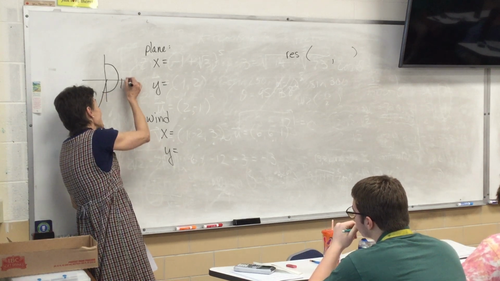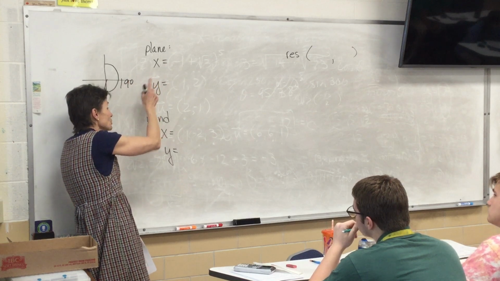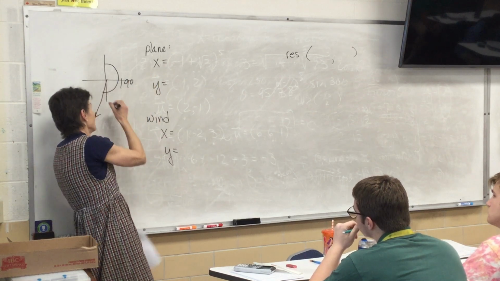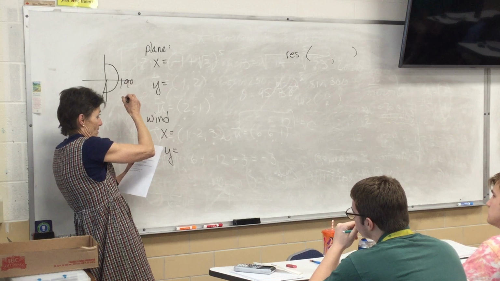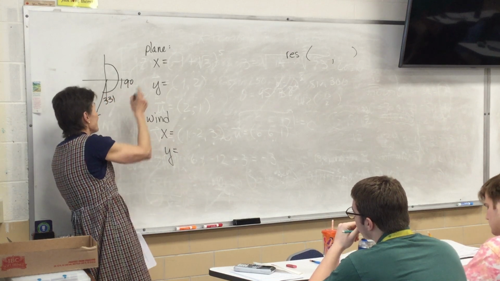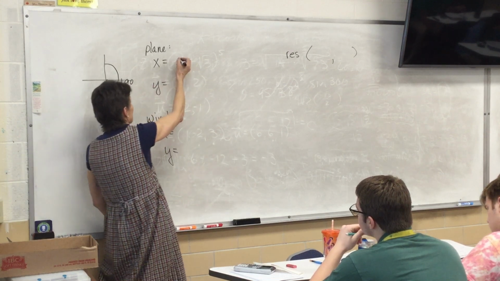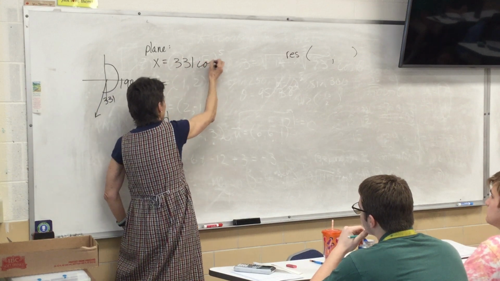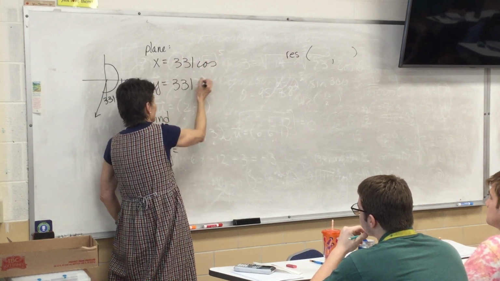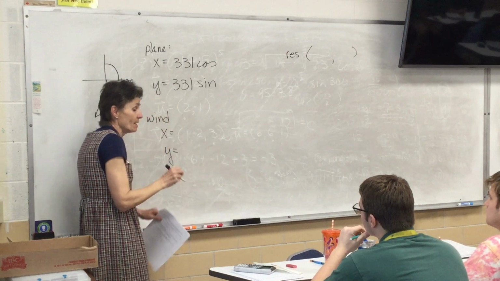So what is the angle that we're going to use in the problem? The speed was 331. What angle are we going to use? X is going to be 331 cosine something. Y is going to be 331 sine something. 260.